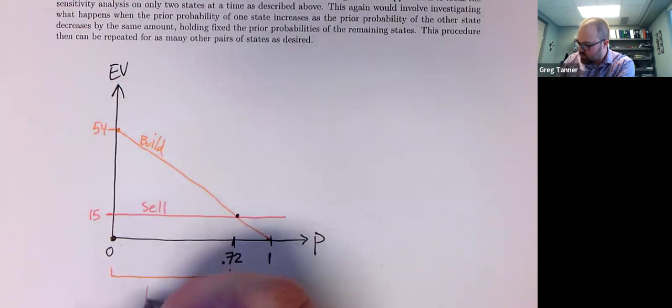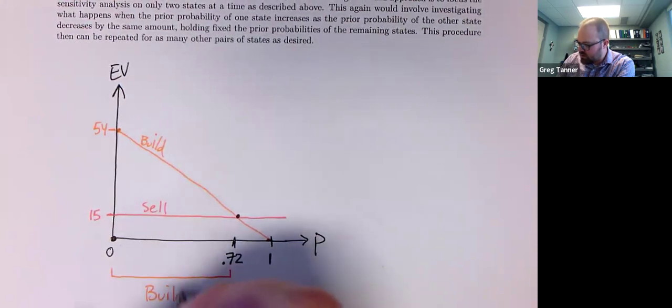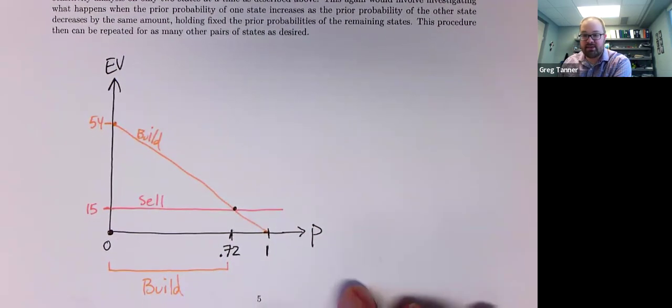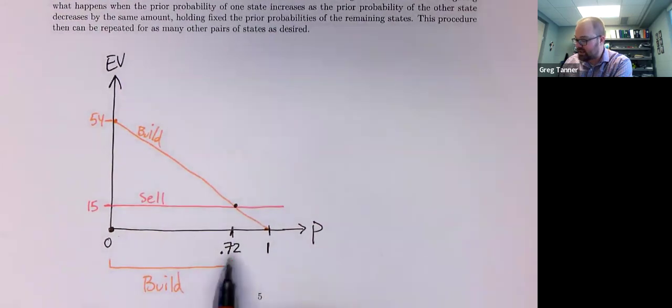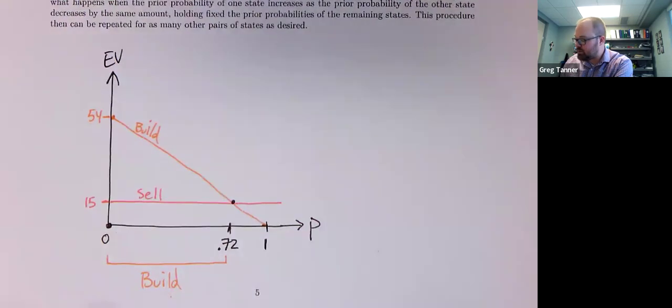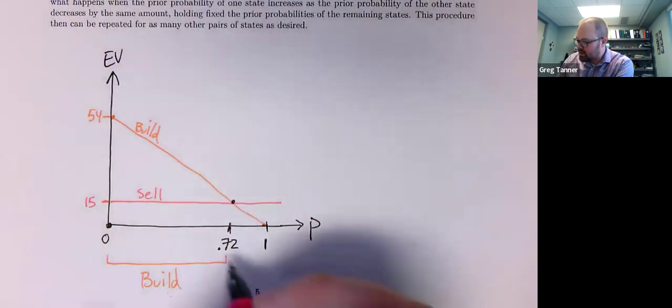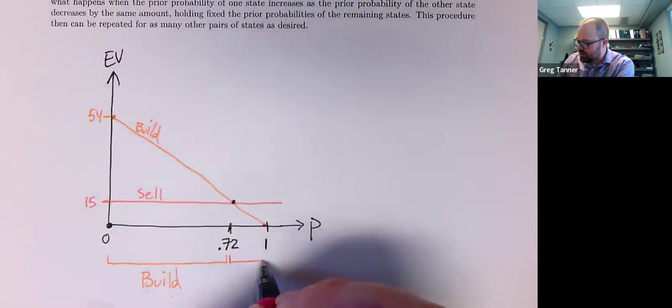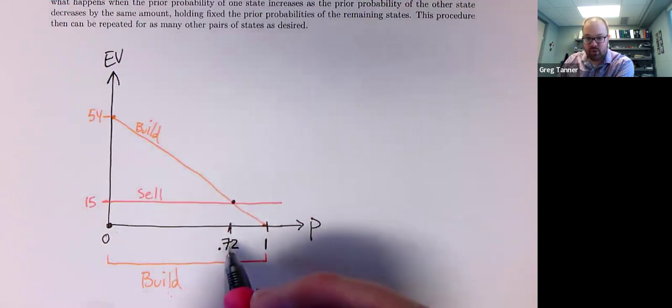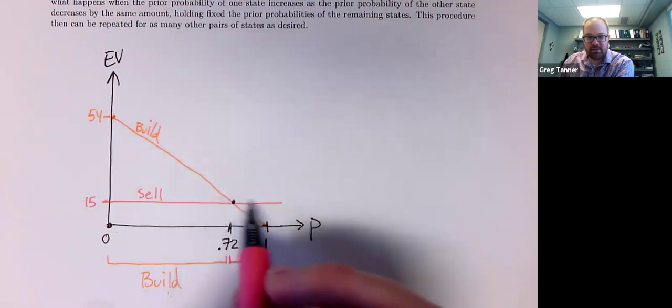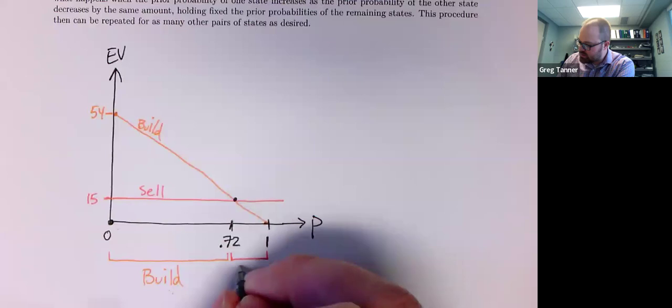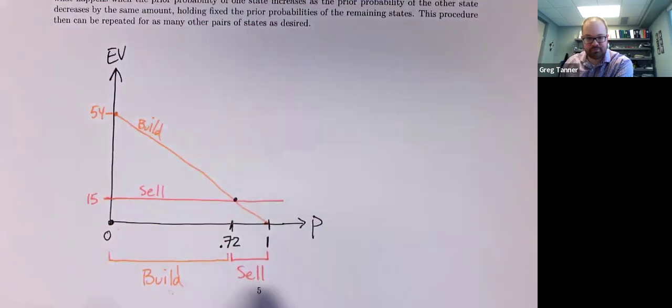And so if we think that the prior probability of selling 10,000 computers is anything less than 0.72, we should build. It'll have a better expected value. On the other hand, if the prior probability of selling 10,000 computers is between 0.72 and 1, then the sell expected value is higher than the build. And so in that case, we should sell.